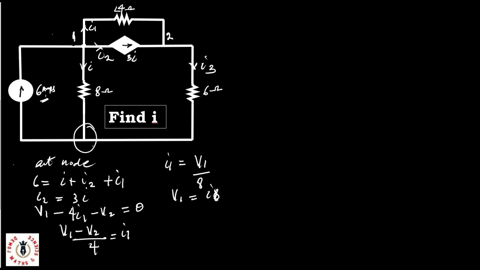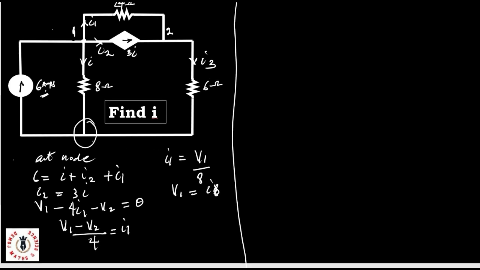Now I can begin to substitute in my equation. My 6 amps is the same thing as I plus I2 plus I1. I is V1 over 8, plus I2, that is 3I, that's 3 of V1 over 8, plus I1. I1 is V1 minus V2 over 4. Now looking at this equation, I prefer to multiply through by 8.